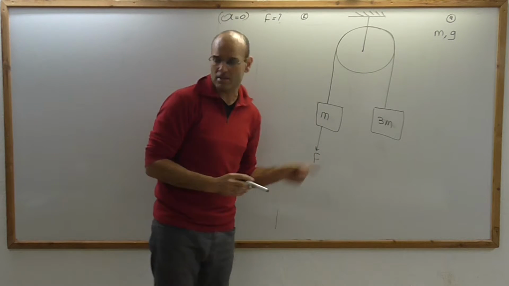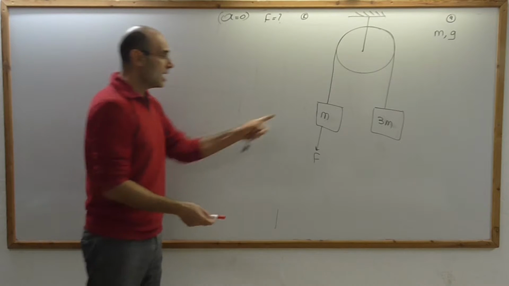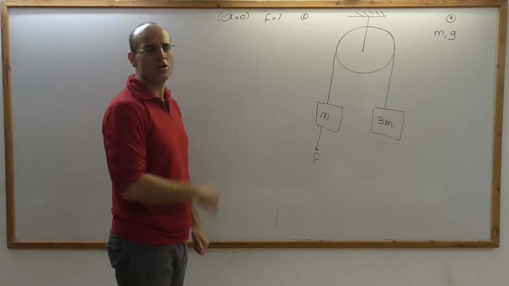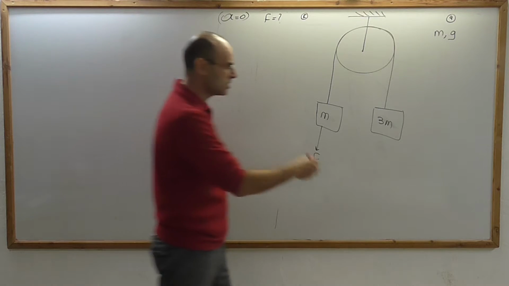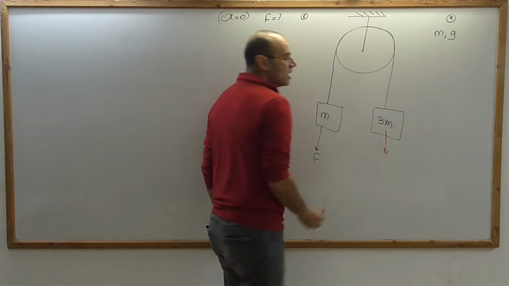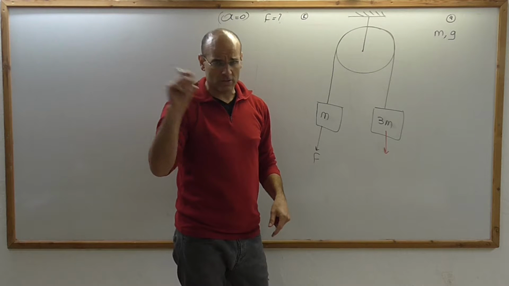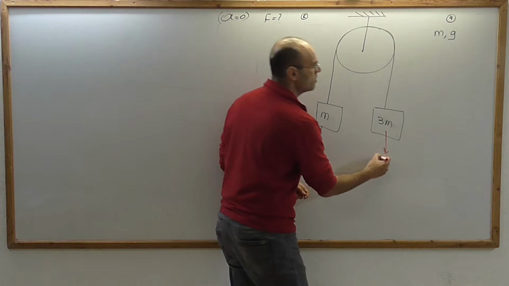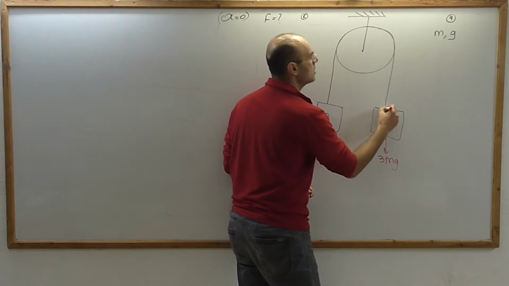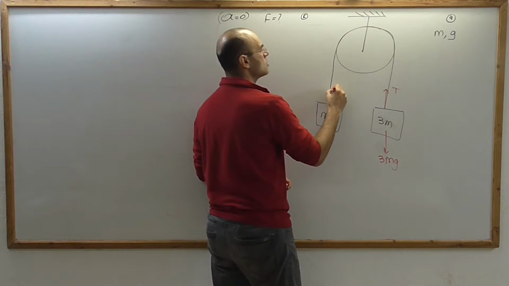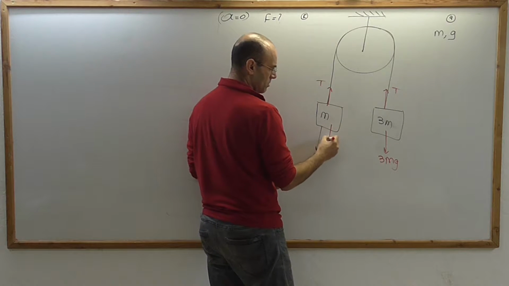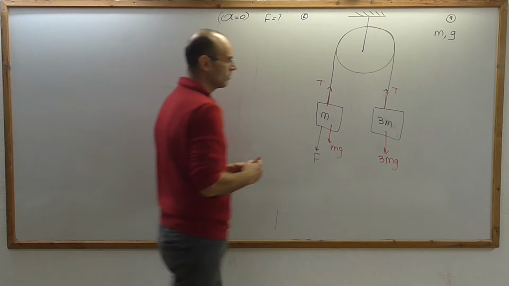It doesn't matter. So, how do I calculate it? First of all, no matter what they ask, forces. Downwards. If I'm talking with letters, don't put 10, just write G. So this will be 3mg, this will be T, this will be T, and this will be mg.